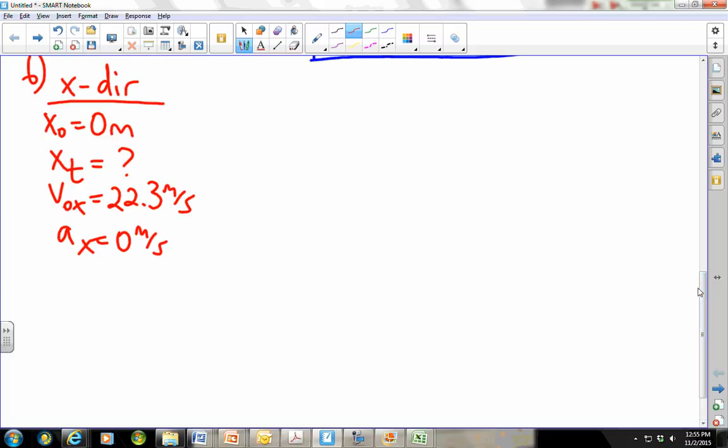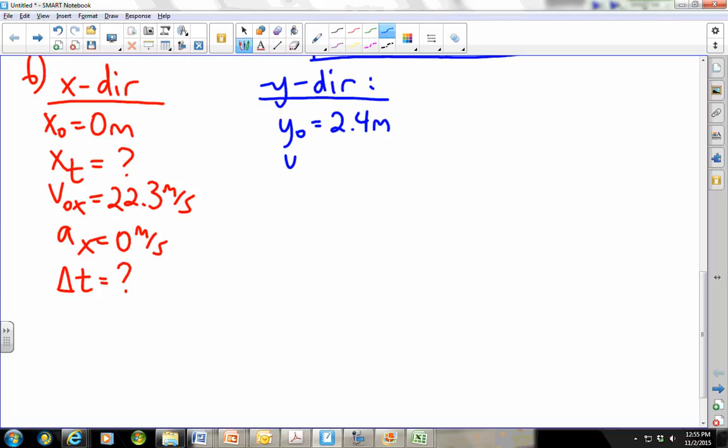And so in order to solve for where the ball hits the ground, we're going to need to know how much time it takes to hit the ground, which is going to be determined by how long it takes gravity to pull it down from that height that it initially had to begin with. So again, we're starting off at 2.4 above the ground.